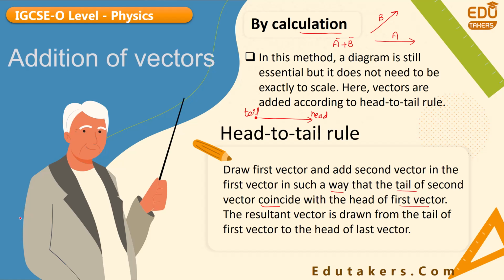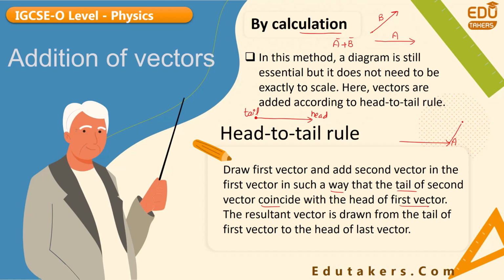So let me draw here the first vector A, and I have to draw the vector B, which is the second vector, such that the tail of the second vector, this one, will coincide with the head of the first vector.